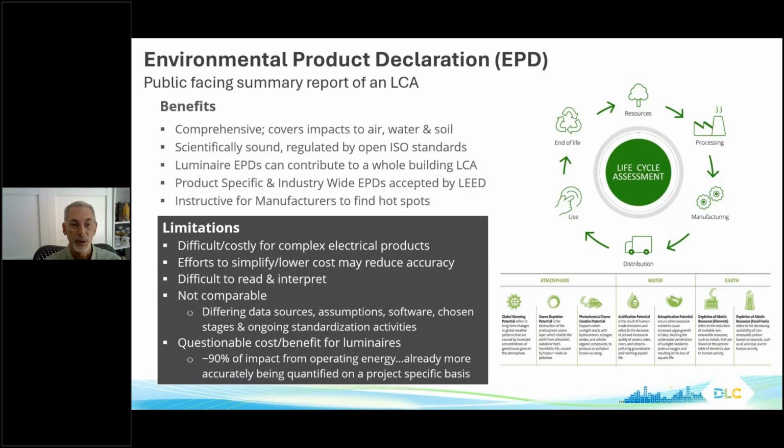a little bit questionable for luminaires is we know from the early life cycle assessments that have been done on luminaires that approximately 90% of the environmental impact over their lifetime comes from the operating energy.